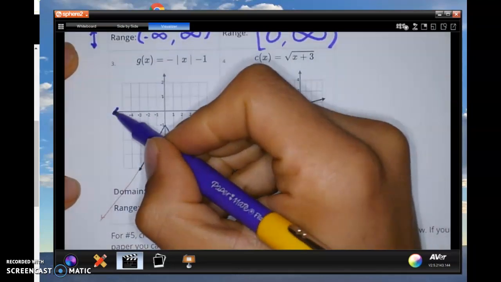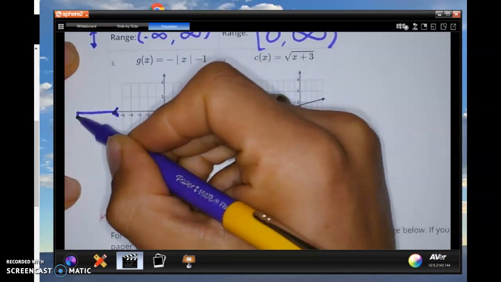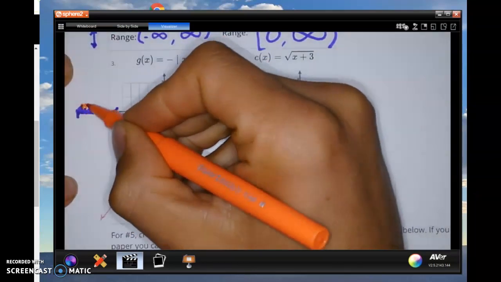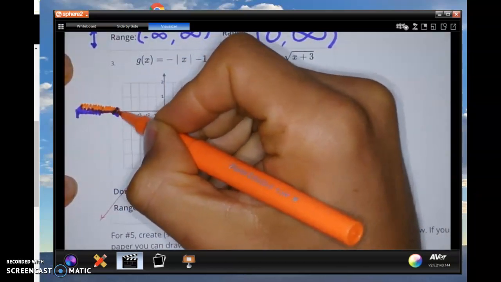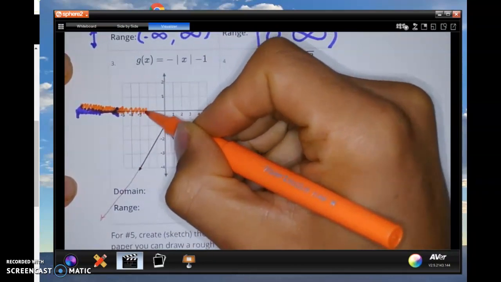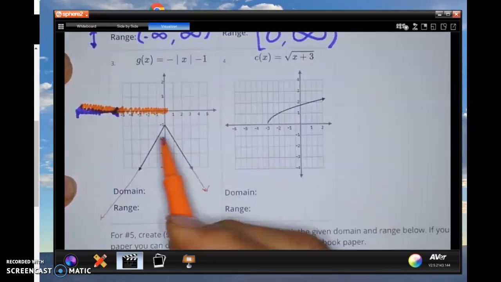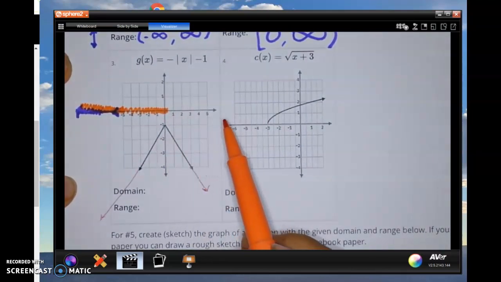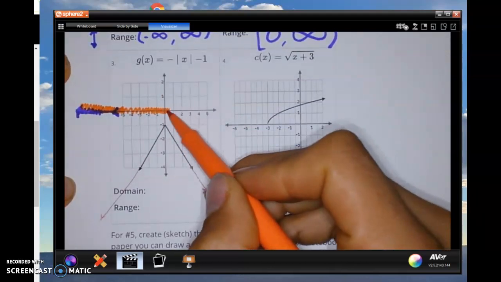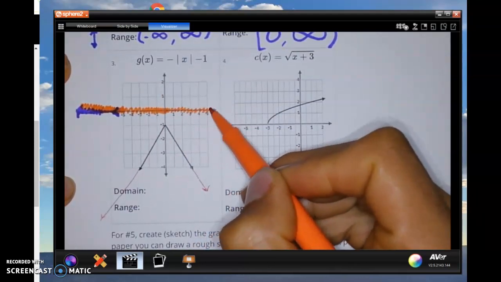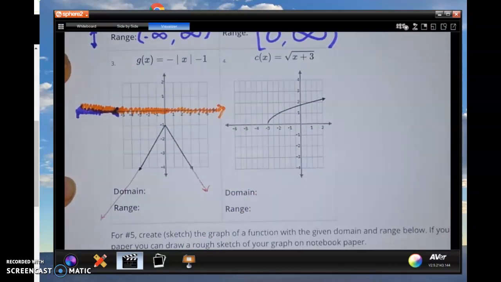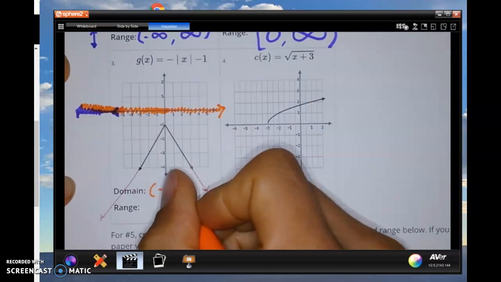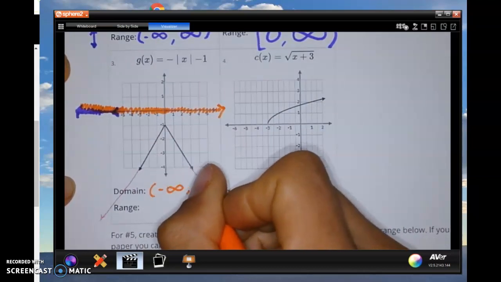So I know my graph keeps going this way. It continues and continues. The arrow tells me that we're also continuing to go to the right. We have another example of negative infinity to positive infinity.